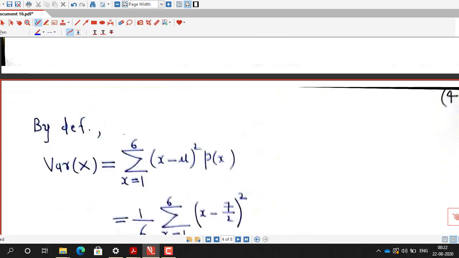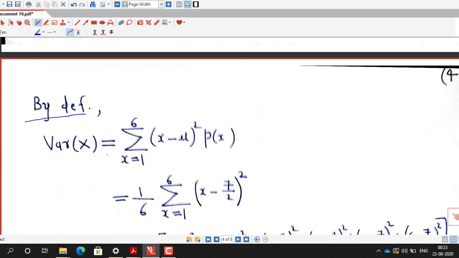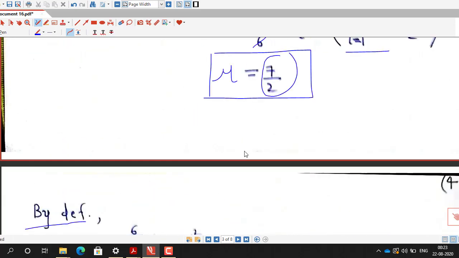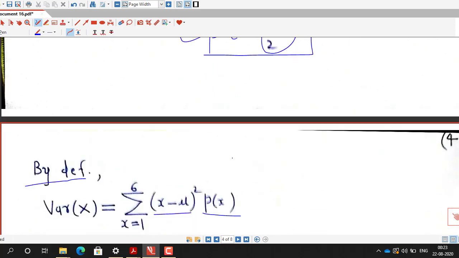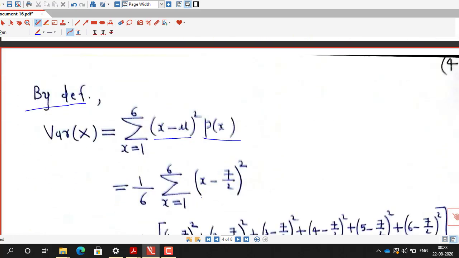Now if we go by definition, then the variance of x is nothing but sigma of x minus mu whole square into p of x. Here mu is 7 by 2, so we put mu equal to 7 by 2. And p of x is 1 by 6, so we can take that outside. Here I have directly taken p of x outside.